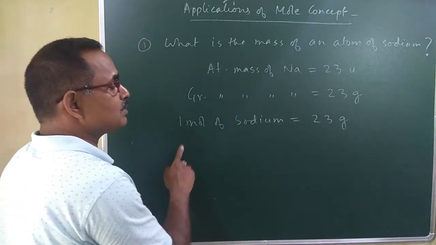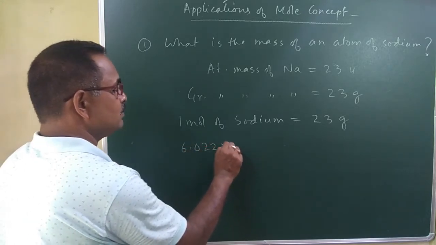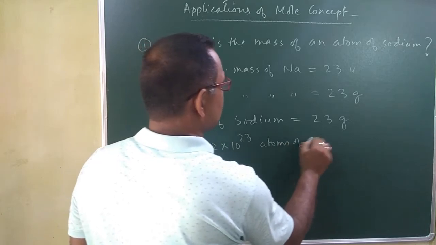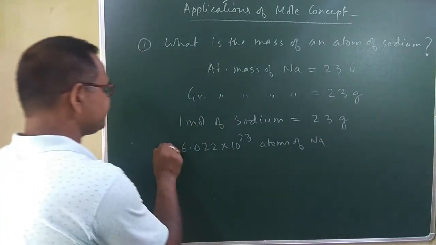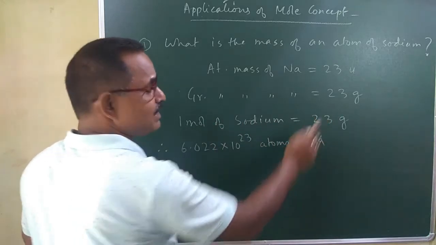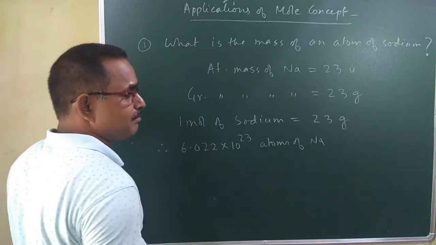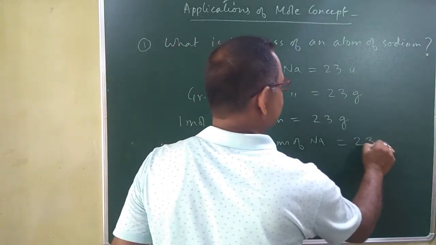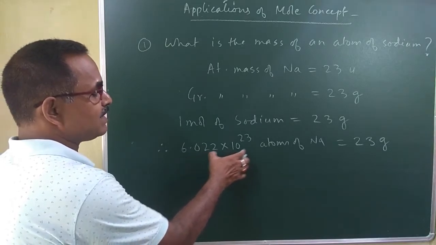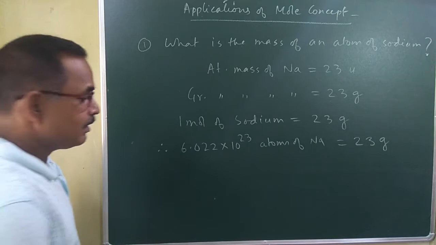Again, 1 mole of sodium is 6.022 times 10 to the power 23 atoms of sodium. So since 1 mole of sodium is 23 gram, mass of 6.022 times 10 to the power 23 atoms of sodium will be 23 gram.